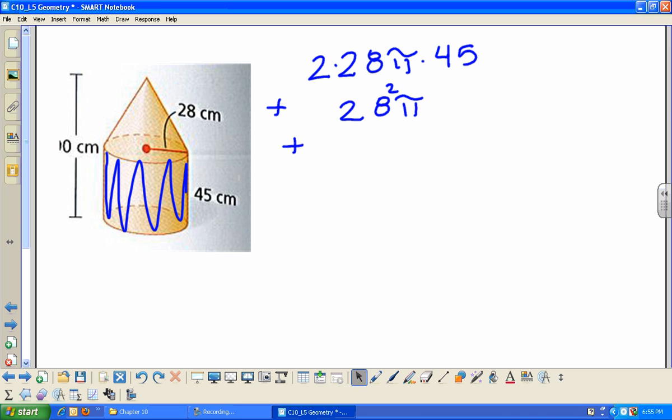Then I also have to add the lateral area of the cone, which would be 28. This right here is 70. Please fill that in. 70 centimeters. 28 times 25 pi.